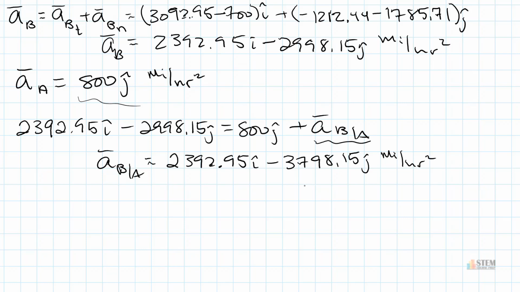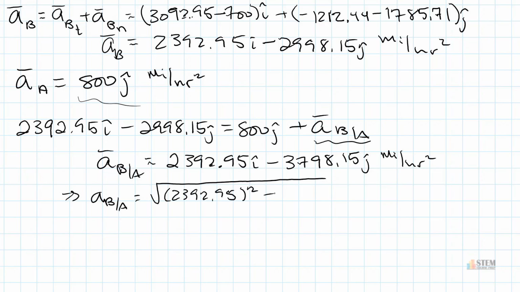Now this is the vector form. All right, I want the magnitude. So to get the magnitude, we just do the square root of the sum of the squares. So let's do that. Let's get our square root, and then we're going to take each of these and square them, and then add them together.